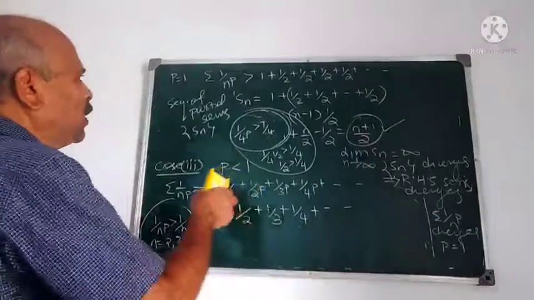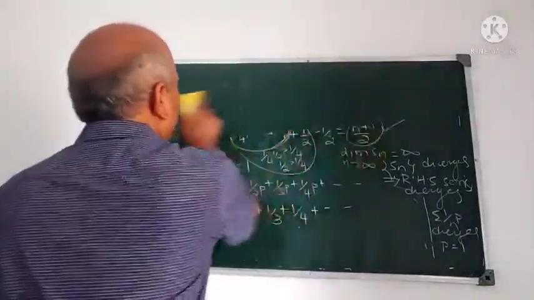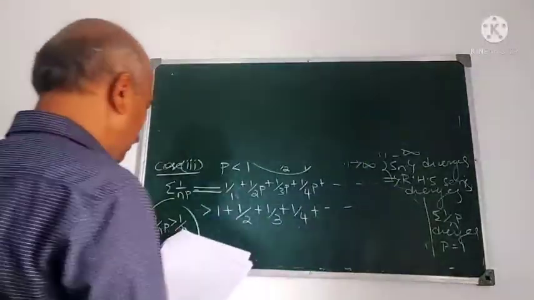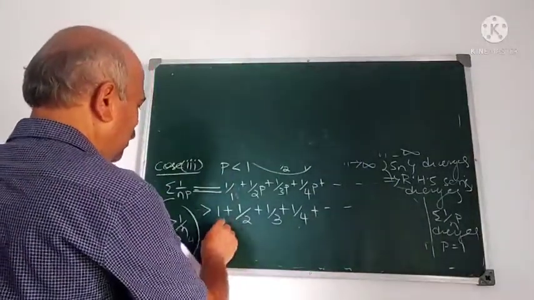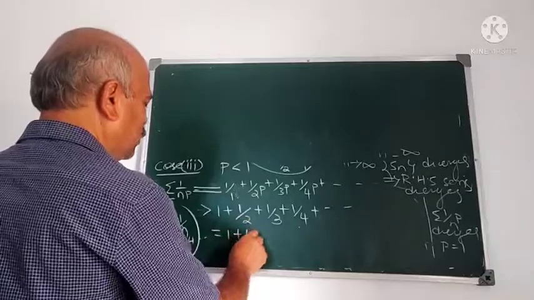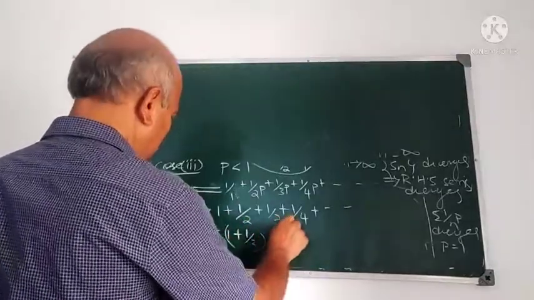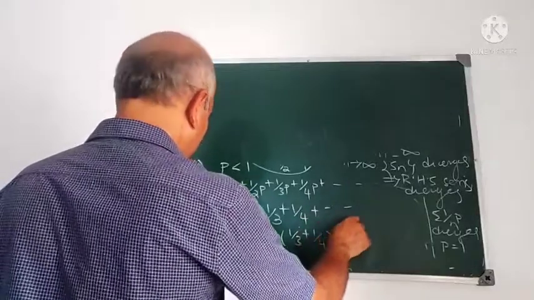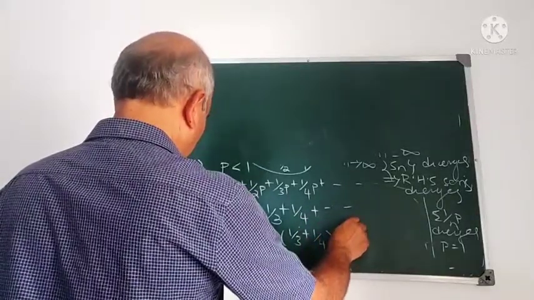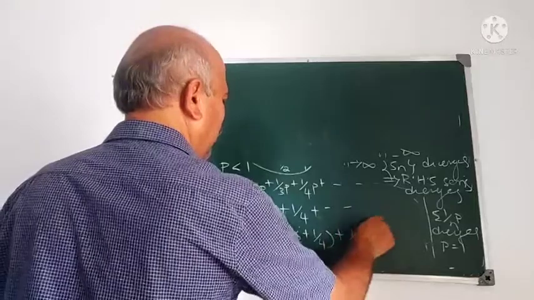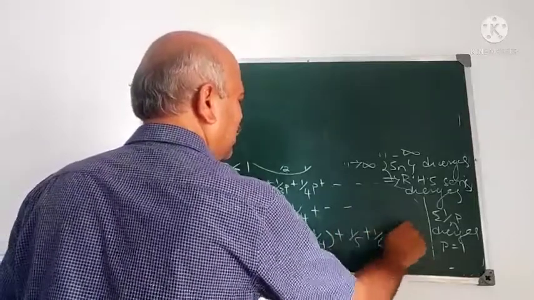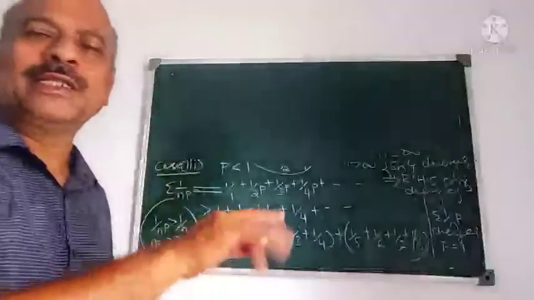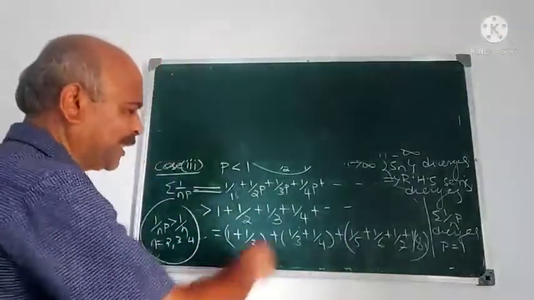How do you apply case 2 now? Case 2 can be applied like this. What is case 2? Case 2 is like this. We group the terms like this. It is equal to 1 plus 1 by 2 plus 1 by 3 plus 1 by 4 plus 1 by 5 plus 1 by 6 plus 1 by 7 plus 1 by 8, etc. See, now exactly it is same as the first case, second case.